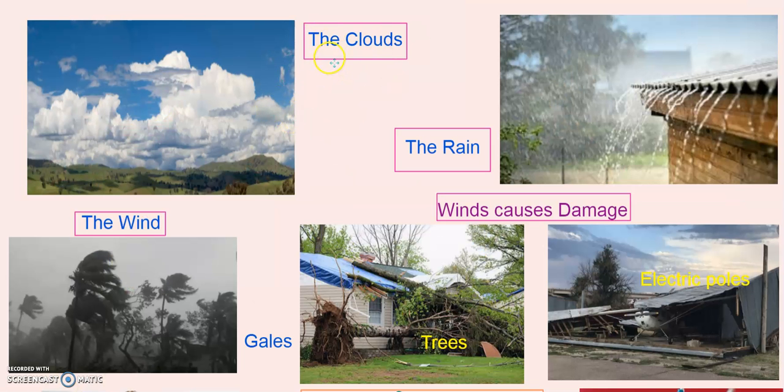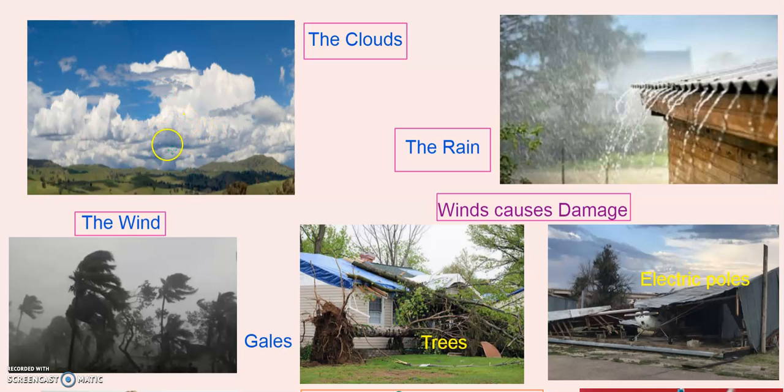Now let's see how the clouds, the wind and the rain cause changes in the weather. What are these? These are clouds. How do you feel when there are some clouds in the sky? Yes, we feel cold. Why do we feel cold when there are clouds in the sky? We cannot feel much warmth because the clouds stop the heat of the sun.